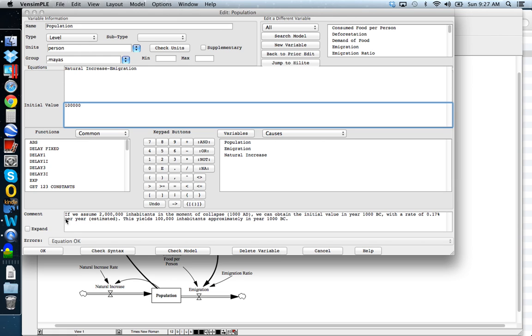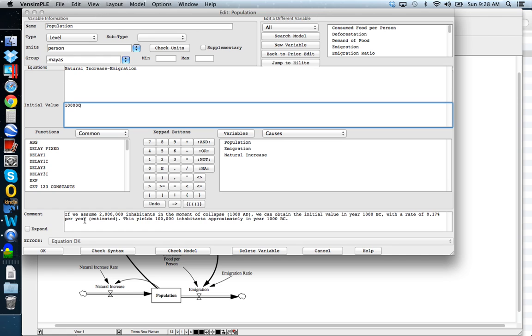A little note: if we assume 2 million inhabitants at the moment of collapse at about the year 1000 AD, we can obtain an initial value in the year 1000 BC with a growth rate of 0.17 percent annual, which has been estimated given some records that indicated that the population was doubling in about 400 years.